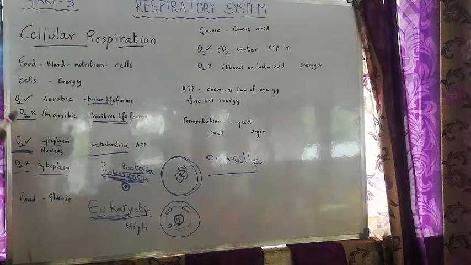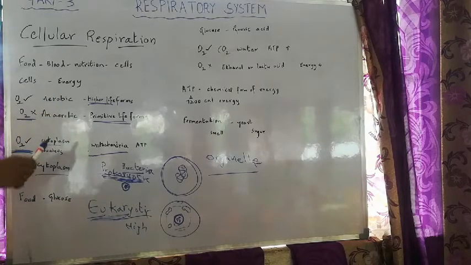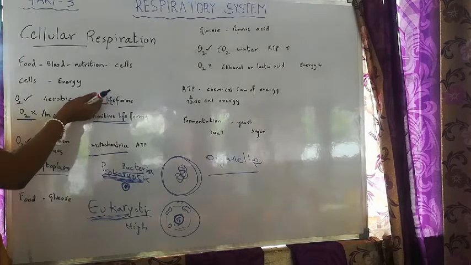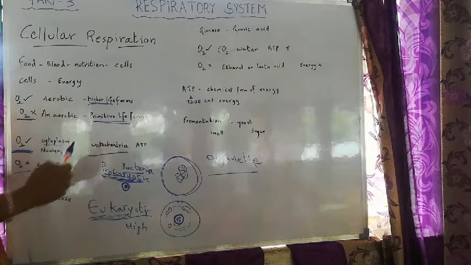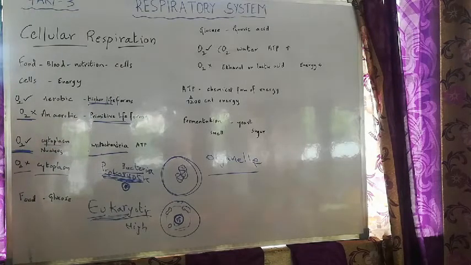What is the function of mitochondria? To store energy. See, why is this respiration happening? What is the use of respiration? Basically to produce or release energy. Now, in higher life forms, that is in eukaryotes, that energy can be stored.